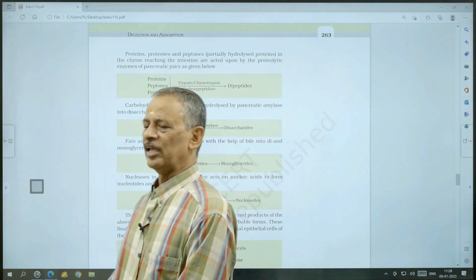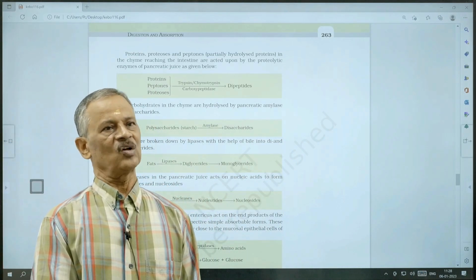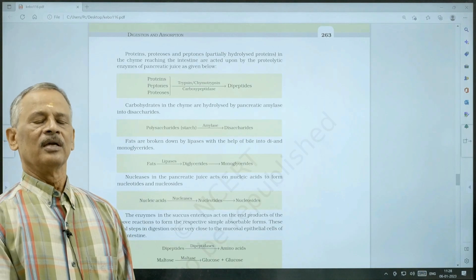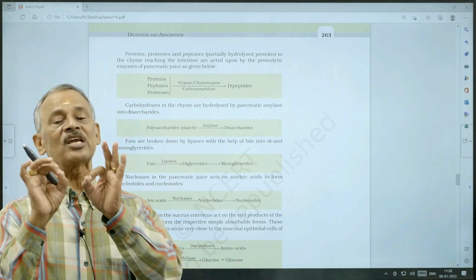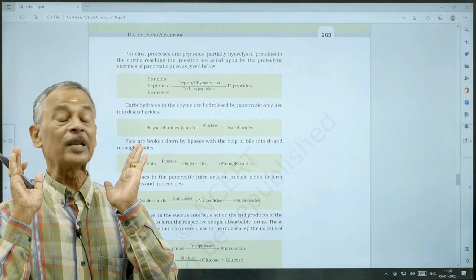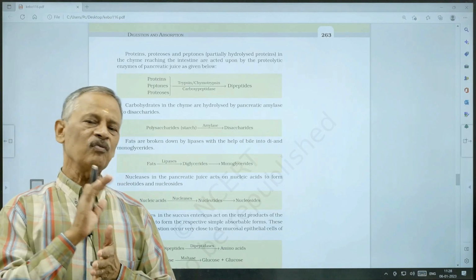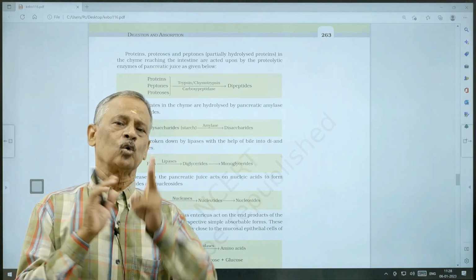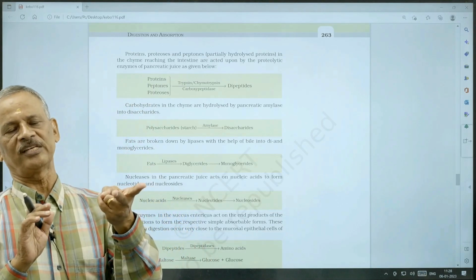Now they will be acted upon by the succus entericus. What is succus entericus? Succus entericus is the juice of the intestine, the intestinal juice produced by the crypts of Lieberkühn. Crypts of Lieberkühn have two types of cells, Paneth cells and enterocytes.